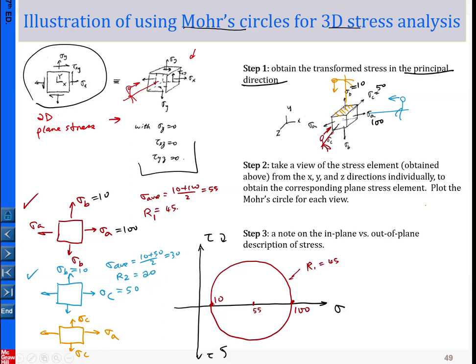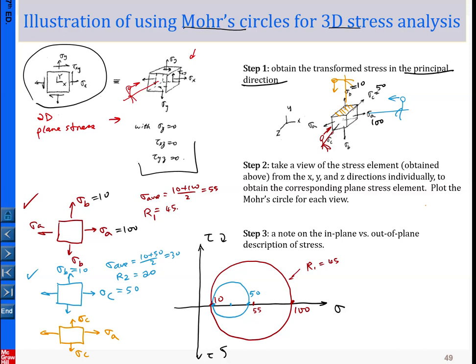Okay, so again, R2 based upon our previous calculations. Something like this one. So this is 50 and this is 10 and the center is here.